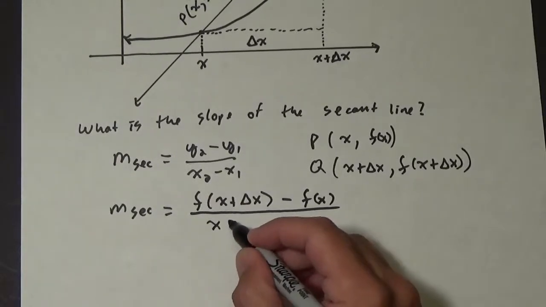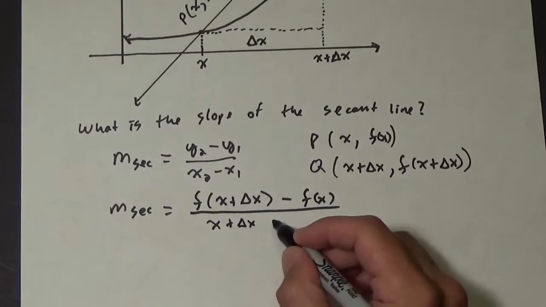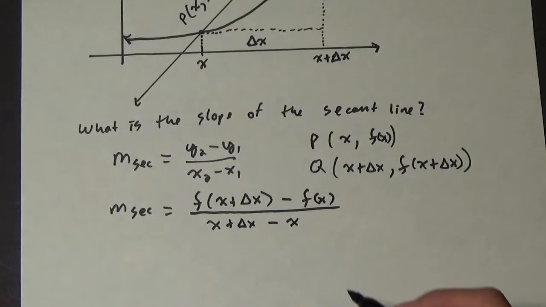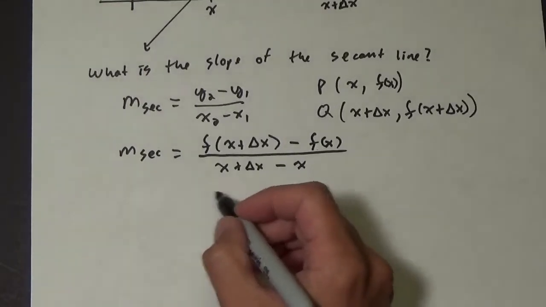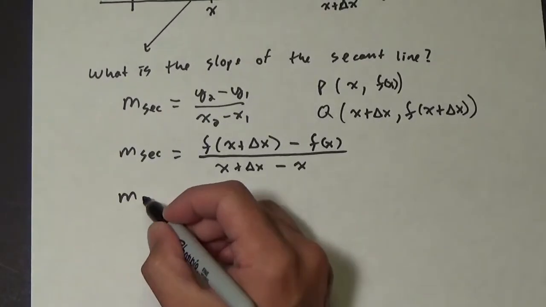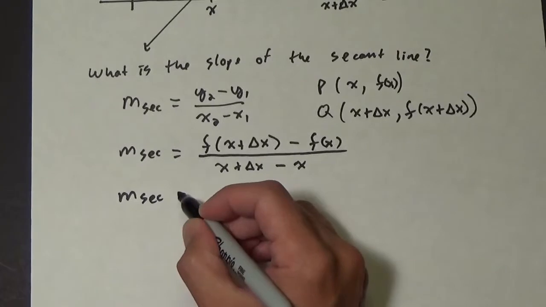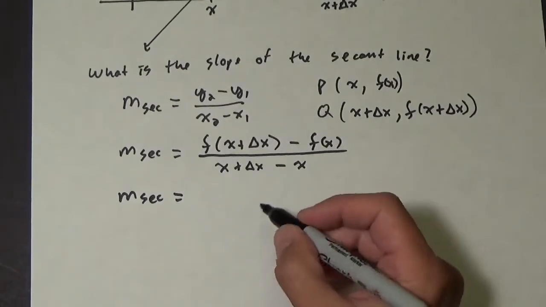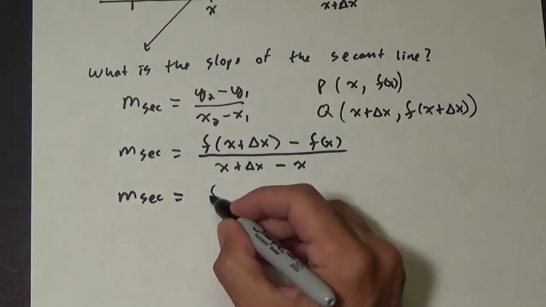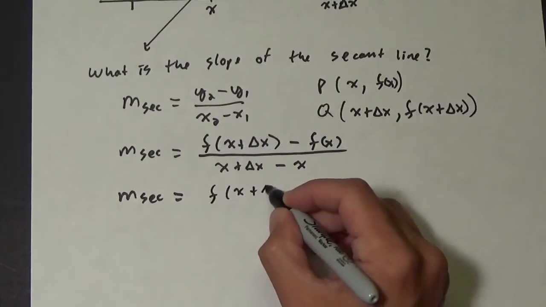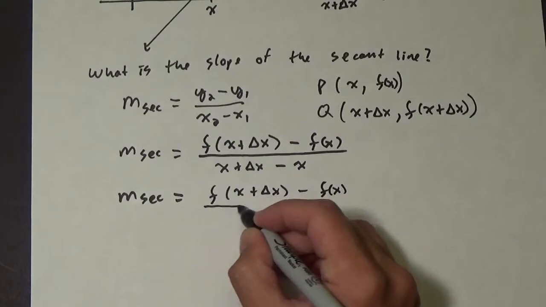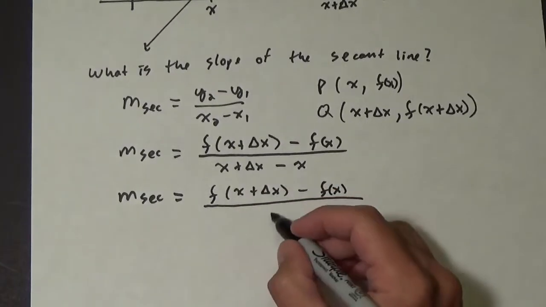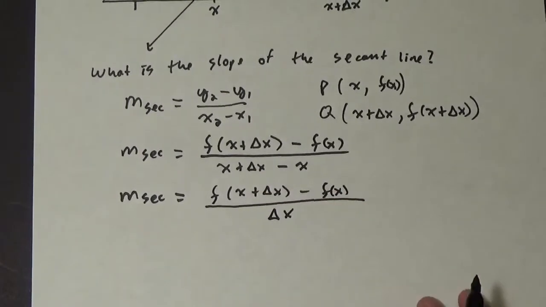So this is going to be x plus delta x minus x. Okay, so let's simplify this. We end up with the slope of the secant line is going to equal f of x plus delta x minus f of x all over, these x's cancel out, so we end up with just delta x.